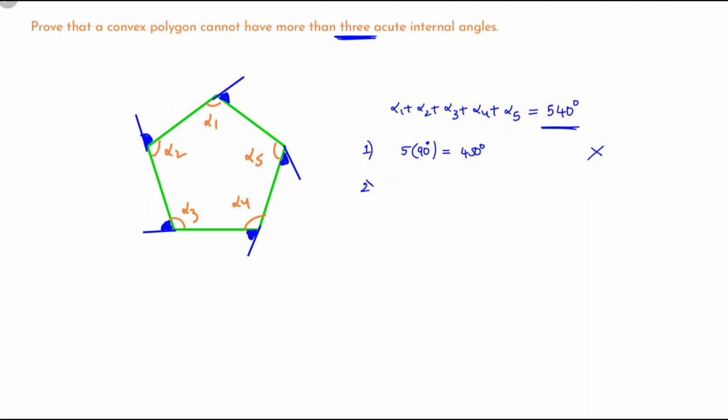Coming to the second option, let us assume that 4 are acute angles and 1 being obtuse. Now 4 acute gives the sum as 4 times less than 90 and obtuse, which is less than 180 and more than 90.